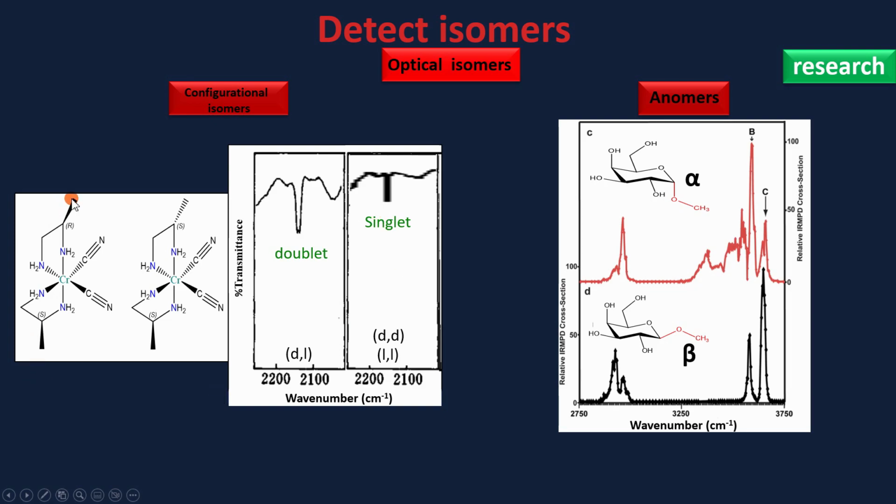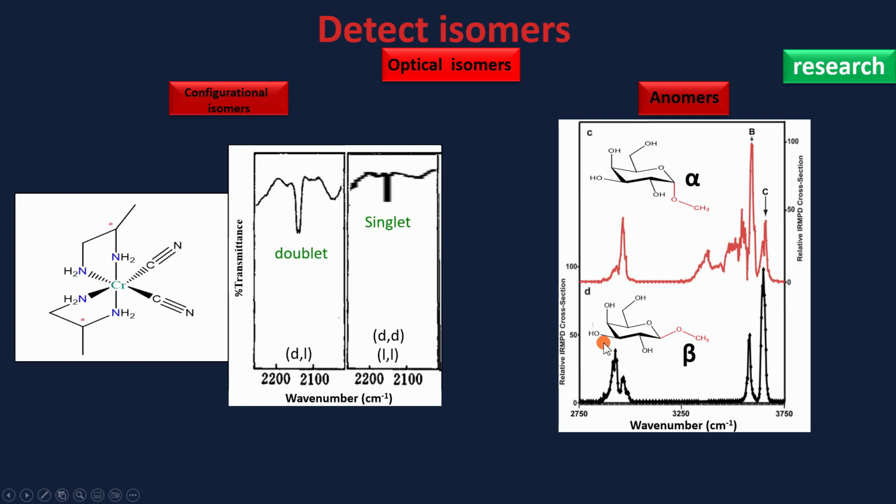But with the other isomer, the two cyano groups suffer different environments, so the extent of stretching will differ slightly, so a doublet band occurs. Also a similar case with the anomers. But why is it important to know the optical isomers?